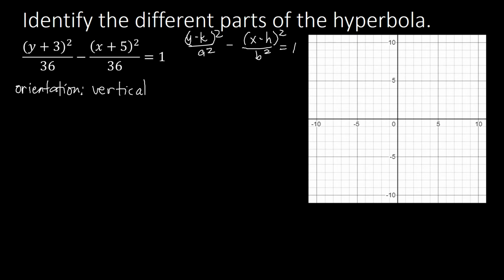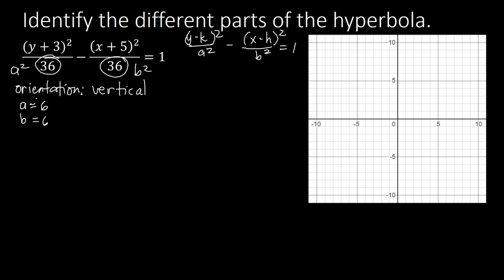Now, we will be identifying a, and please take note our a² will always be on the positive expression. So this one is our a², and this one is our b². Although they have the same value, that is really okay when it comes to hyperbola. So we have now our a, square root of 36, that will be 6. Our b, square root of 36, that will be 6.